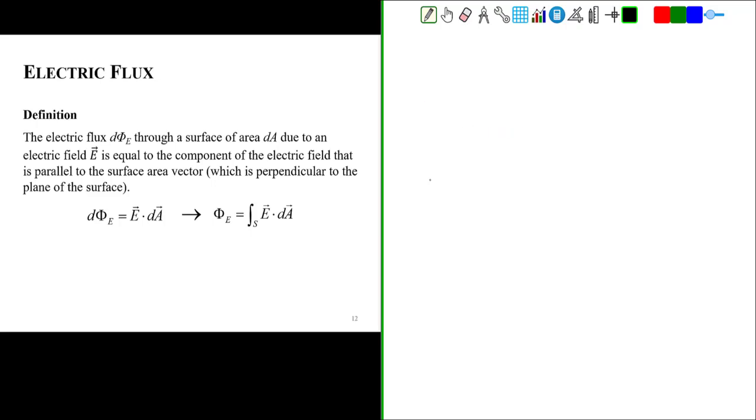If you said cosine, you'd be absolutely right. You know that the cosine of 0 degrees is 1. The cosine of 90 degrees is equal to 0. And the cosine of some angle between 0 and 90 degrees is going to be a value between 0 and 1.